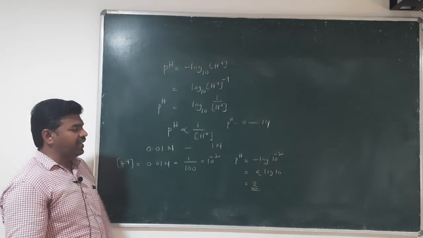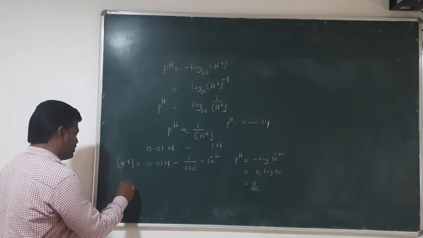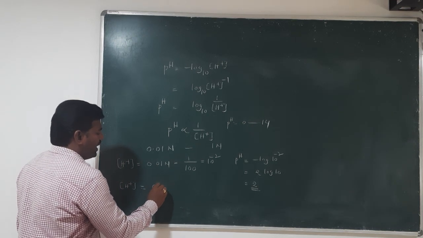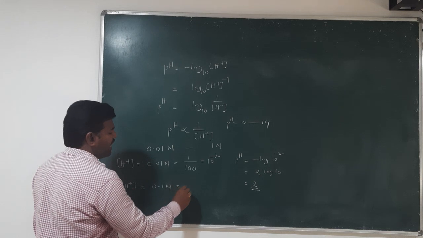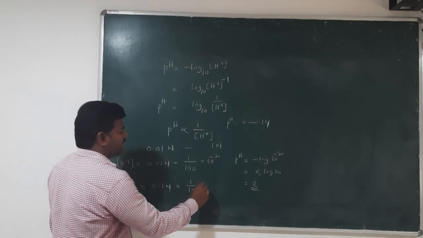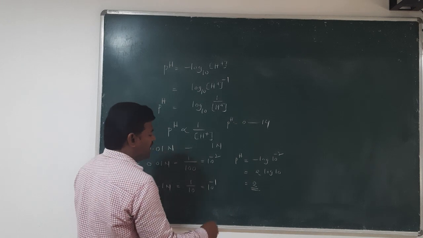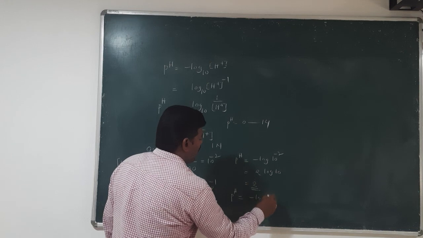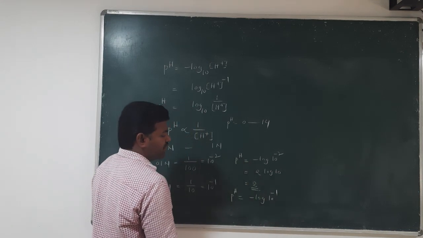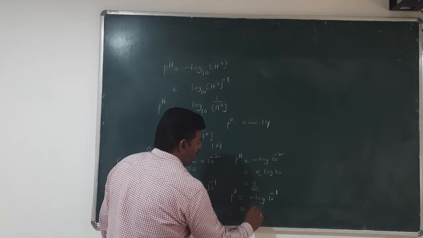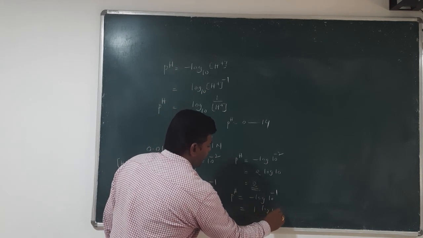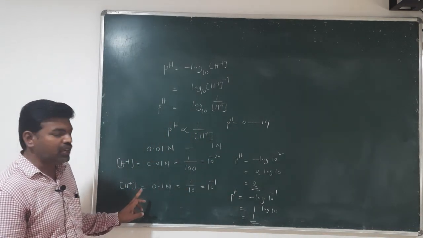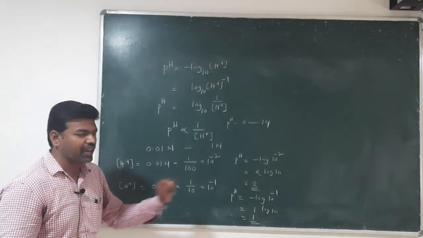Now if the concentration of H plus ions is 0.1 normal, this can be written as 1 by 10, that is 10 power minus 1, and pH is the negative logarithm of 10 power minus 1, which comes out to be 1 log 10, so the pH value for this concentration of H plus ions is 1.